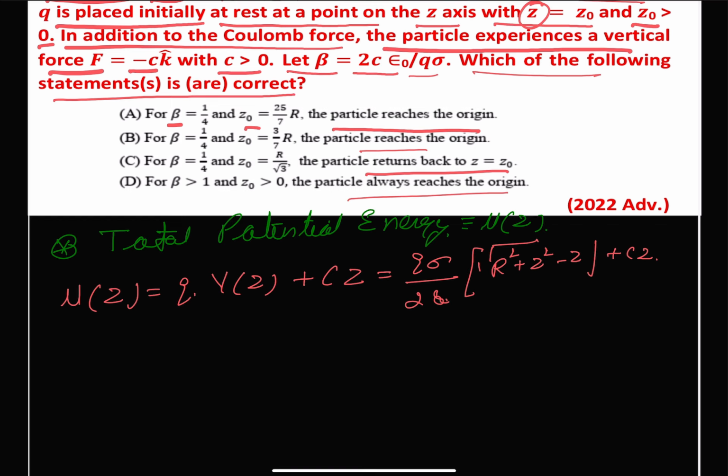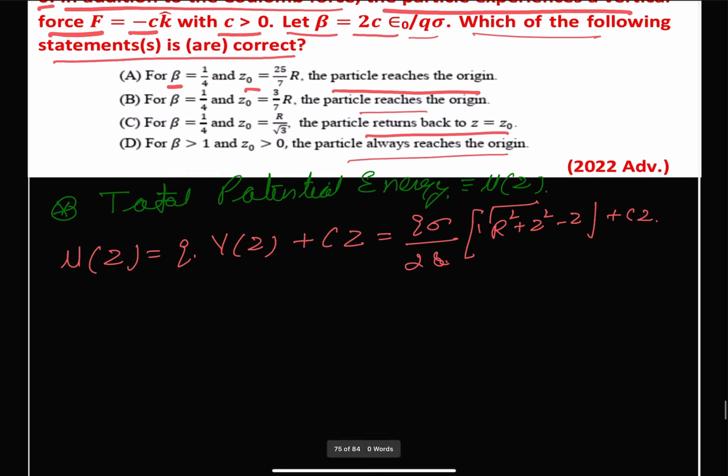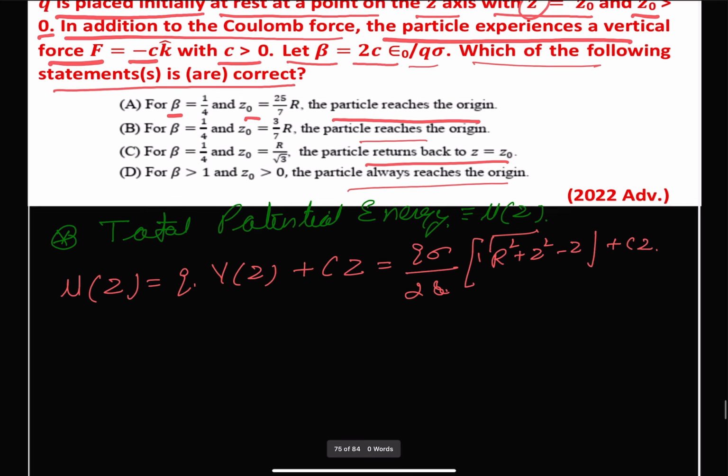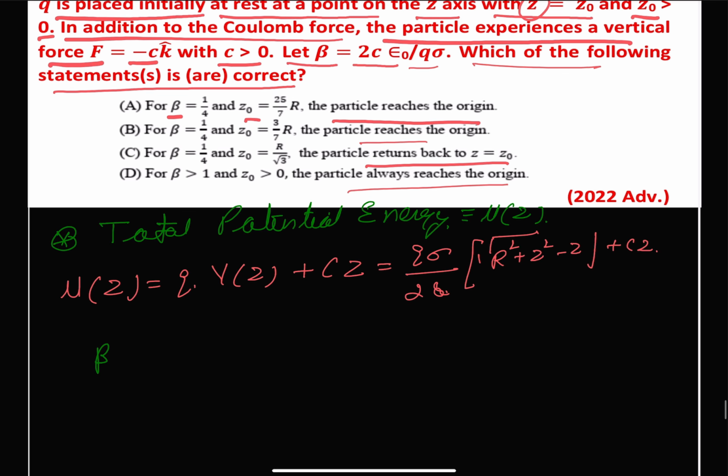Beta is given to us, so we know that beta is equal to 2C epsilon naught upon Q times sigma.